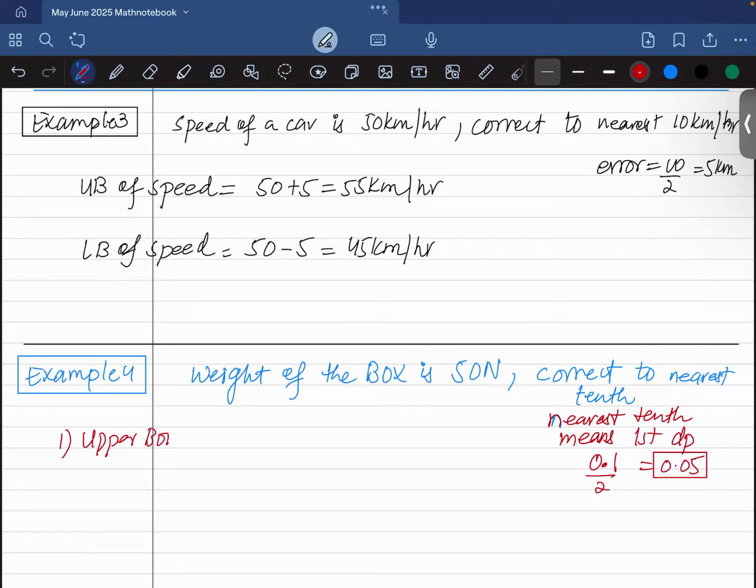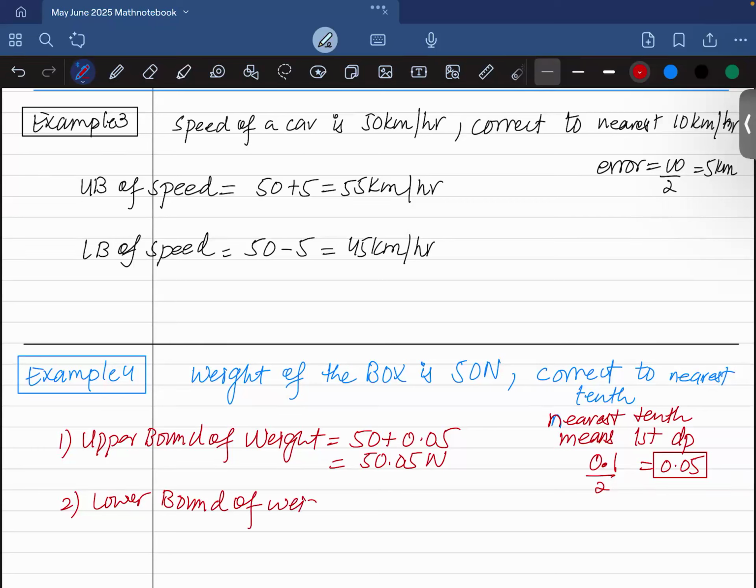So upper bound of weight would be 50 plus 0.05. So 50 plus 0.05 would be 50.05 newtons. And lower bound of weight, it would be 50 minus 0.05.